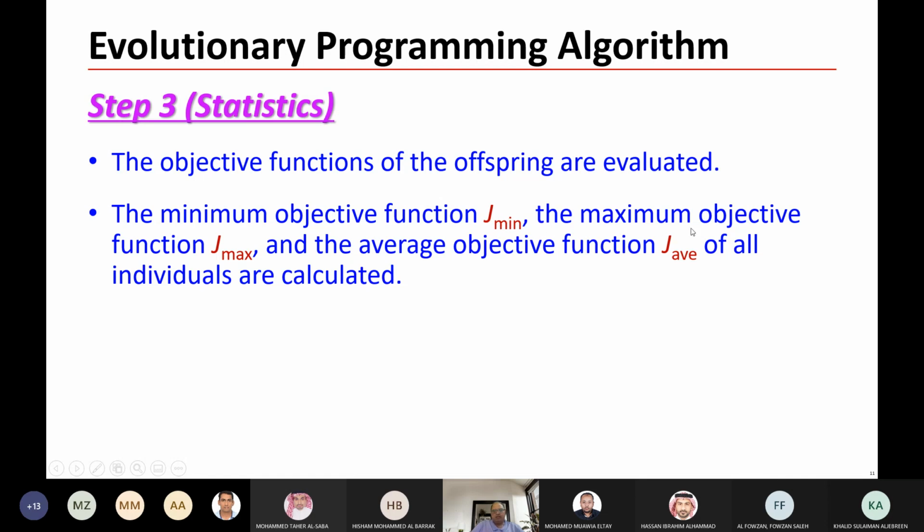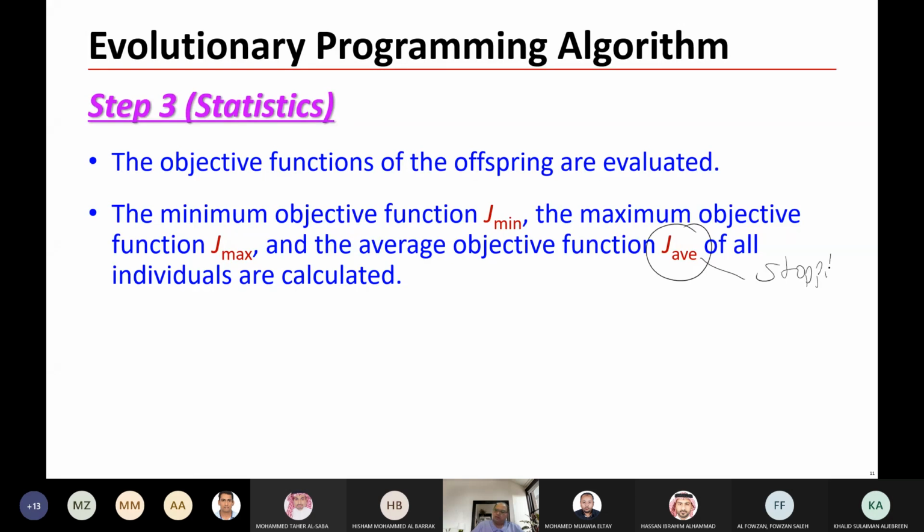And the maximum objective you also need for calculation of the standard deviation. And the average value, J average, you can get by combining all the objectives over the number of solutions, which is 50. This average value can be used later on in the stopping criteria.